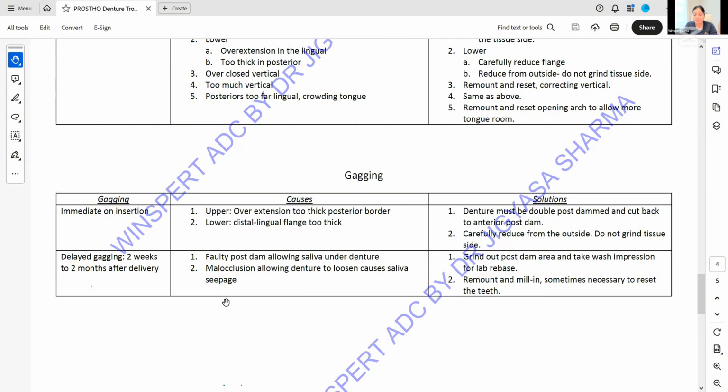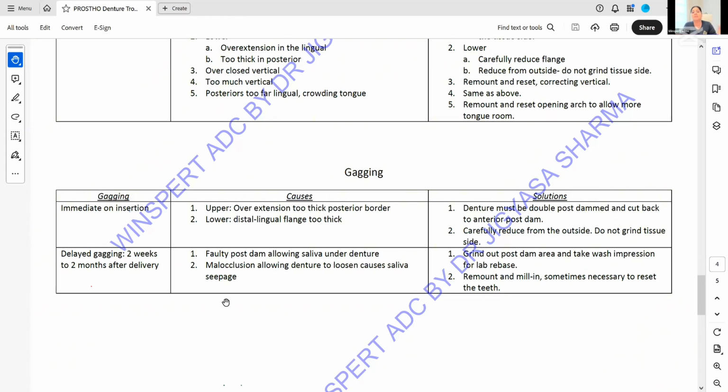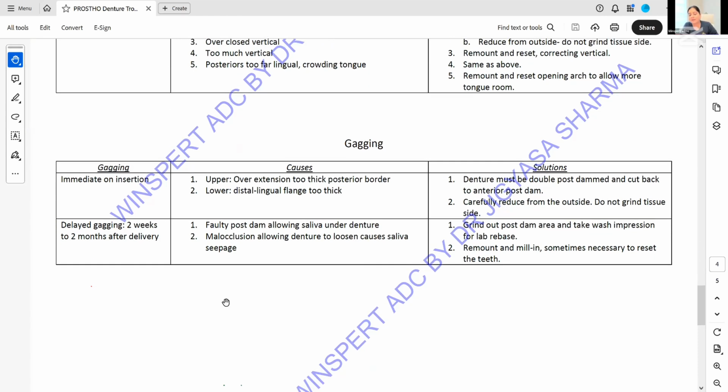Again, this question has been asked in the exam. Delayed gagging, how will you manage? Options were given: antiemetics, checking the area in the post-dam, and rebasing it. What do you think should be the correct management if your patient reports gagging after a few weeks of denture insertion? Would you give him antiemetics?